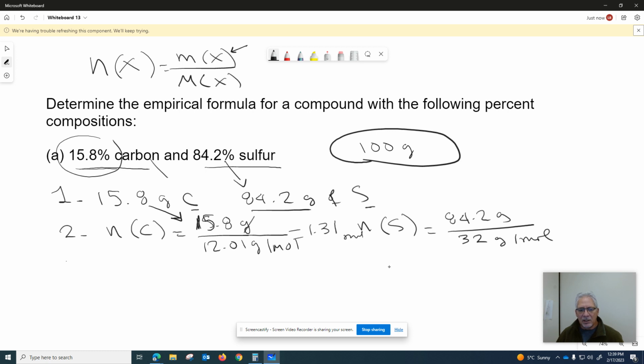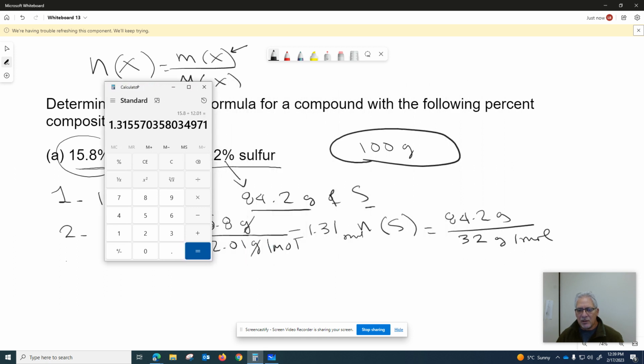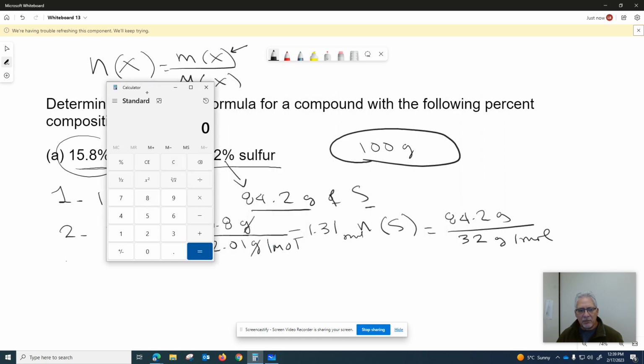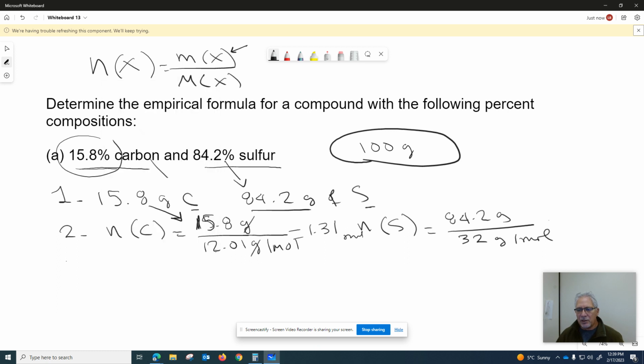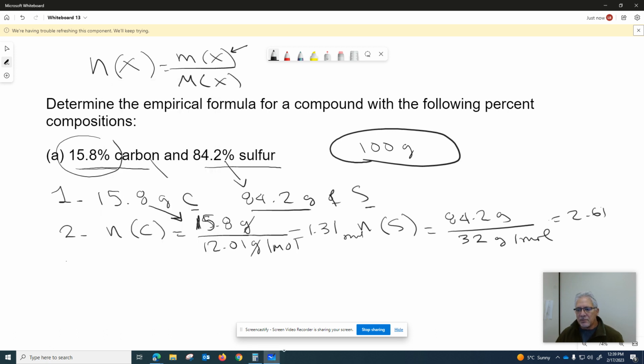Because grams and grams cancel out. And I will do now the second division, and that will be between 84.2 divided by 32 grams. And I get 2.63, and that will also be moles.